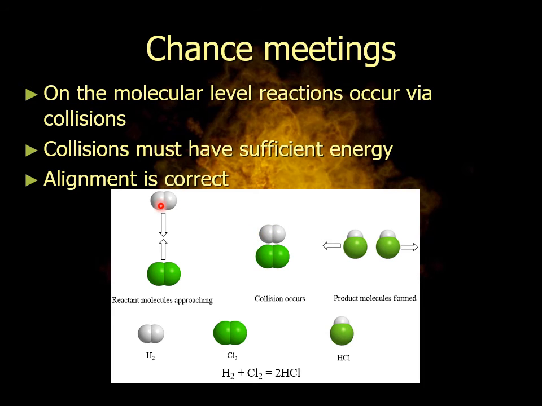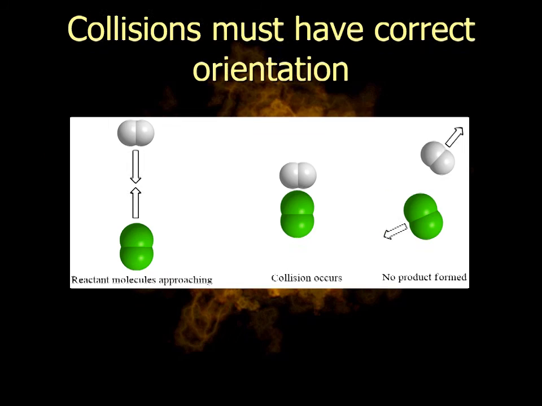So if they collide side by side like this, I think you can see the alignment is perfect for the new bonds to form between the H's and the Cl's, and the old ones in the original molecules to break. So if they collide like that, that's perfect, provided the collision energy is sufficient. So if the two things are working, you're going to get product.